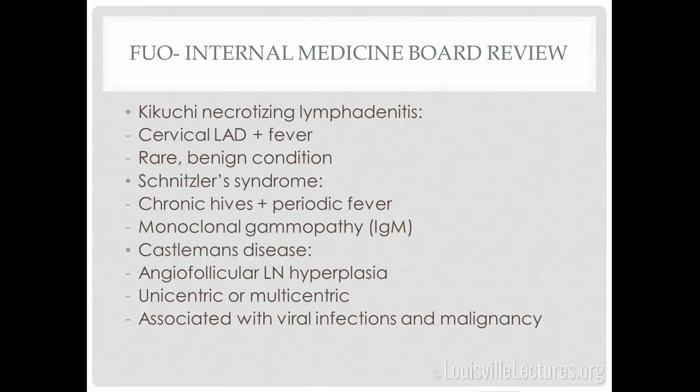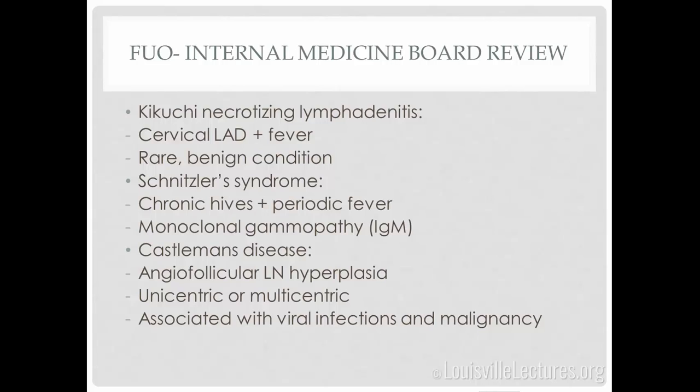Luckily, this is benign, and you don't really do anything for it, but you biopsy it to know what it is. And Schnitzler's is actually a condition where you have chronic hives and periodic fevers. It is also benign, nothing to do for it, and you find a monoclonal gammopathy. So if you see a question that talks about hives and fever, that's what they're talking about.